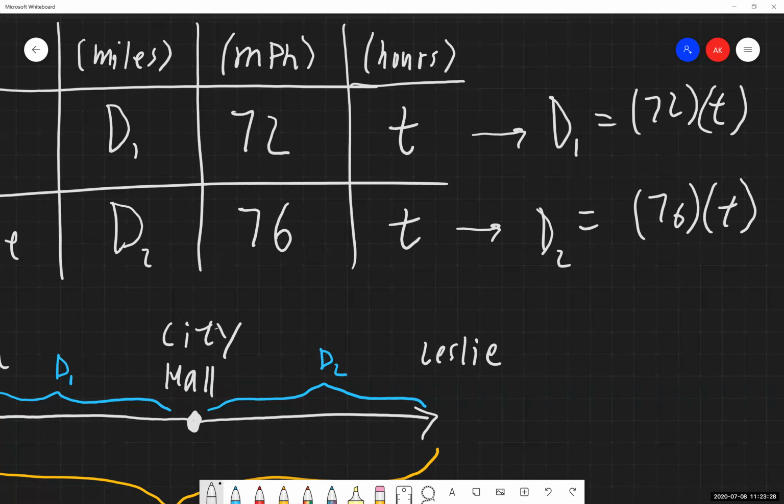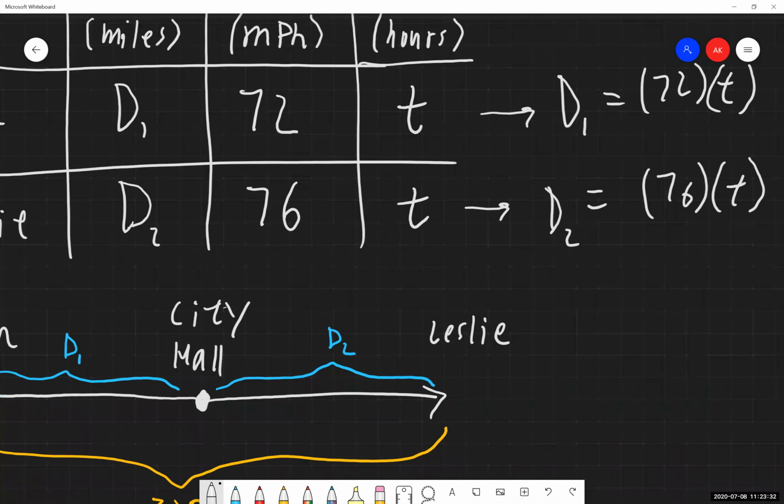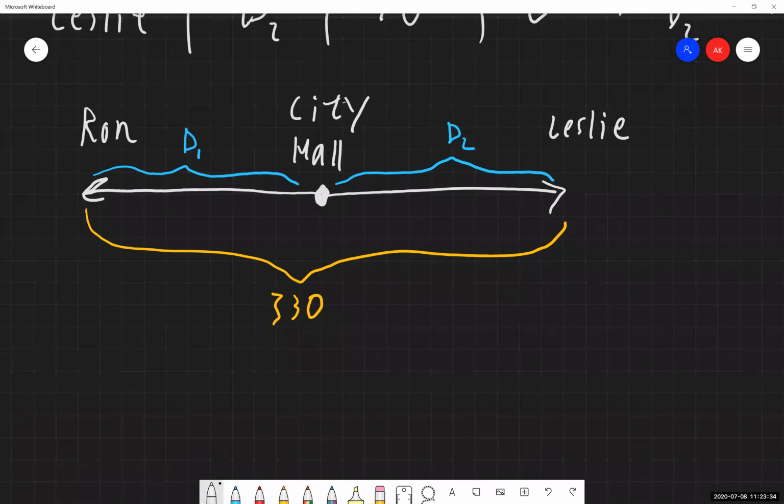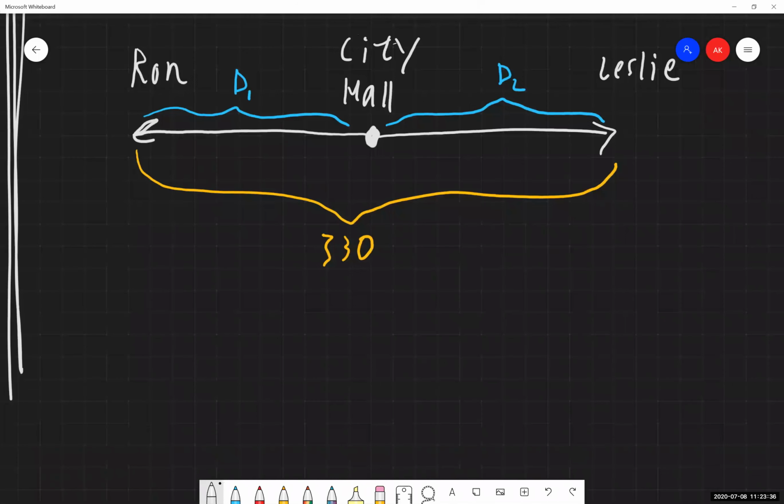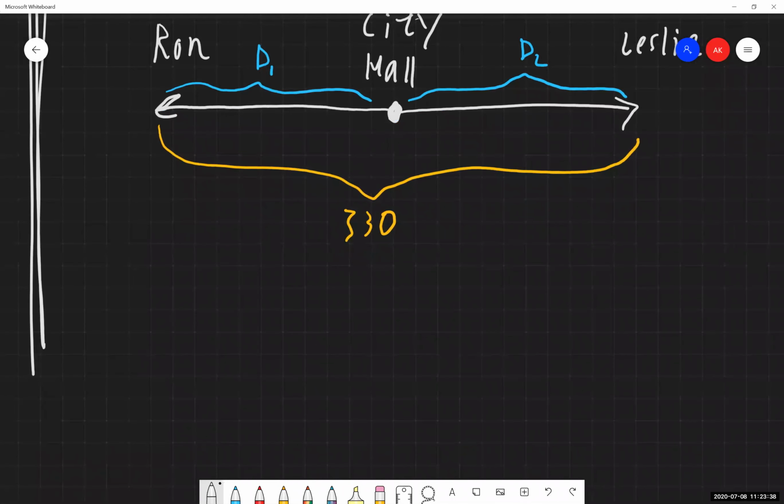So we have our two equations there coming directly from the table. And then we have our final one that's going to be coming from our picture down here. And I'm going to put all three of those together all in one spot.